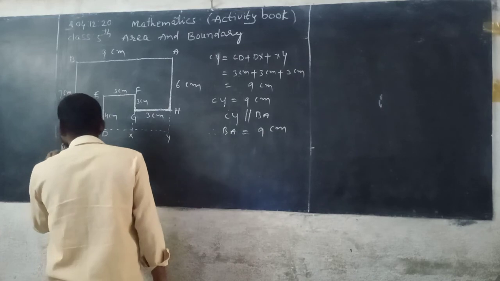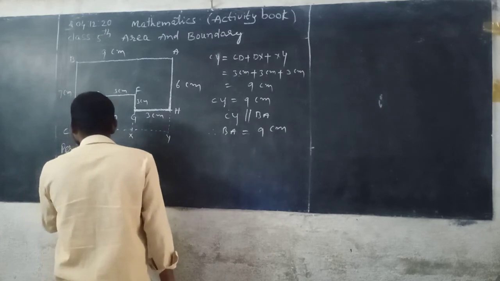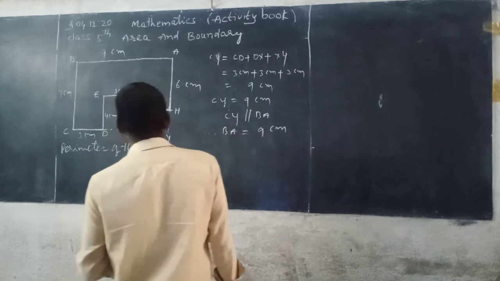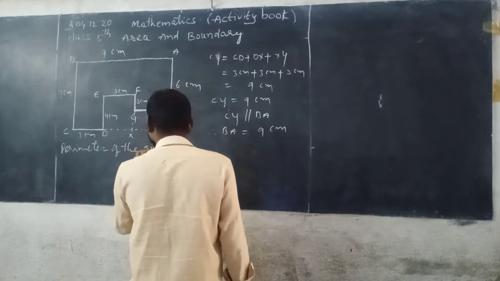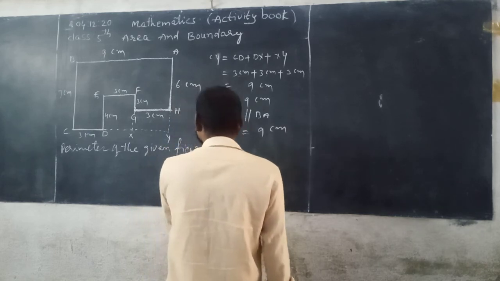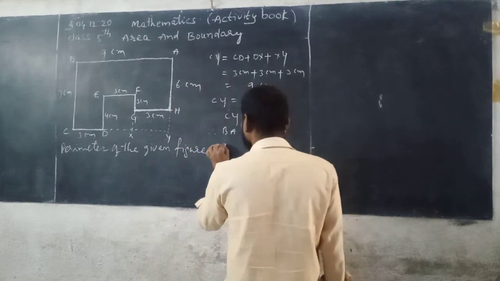Perimeter of the given figure is equal to the sum of the sides.